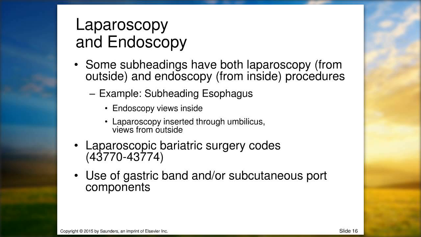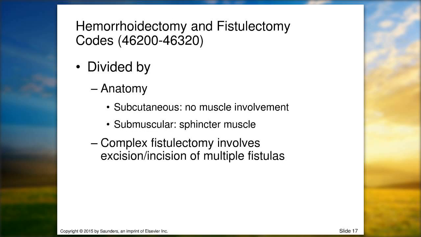For laparoscopy and endoscopy, some of your subheadings have both laparoscopy from the outside and endoscopy from the inside procedures. So pay attention to that. The hemorrhoidectomy and fistulectomy codes.